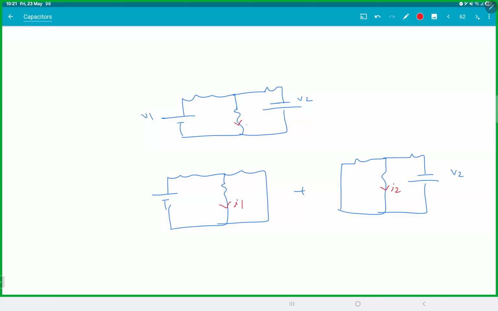If both batteries are there, you'll get current I1 plus I2 in the middle branch, because one battery doesn't care what the other is doing. They both try to push the current, and they just add up. Is that making sense? Assume only V1 is there, find the current. Assume only V2 is there, find the current. Put both of them, and the current will add up in that branch. This is what I mean by principle of superposition.